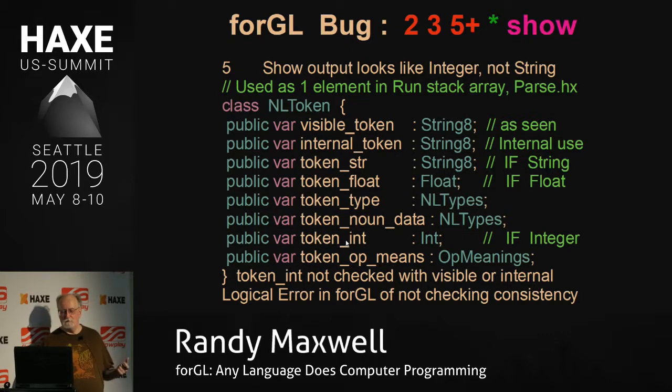The string 5 plus got stuffed in the visible and internal token, but the integer number 5 got stuffed in the int value, and it was told it was an integer, so that's the way it ran. So it did a reasonable fix-up for the 5 plus, and I'm not trying to invent a new math notation here, but I'm really doing some hand-waving and trying to excuse a mistake, which is wrong.